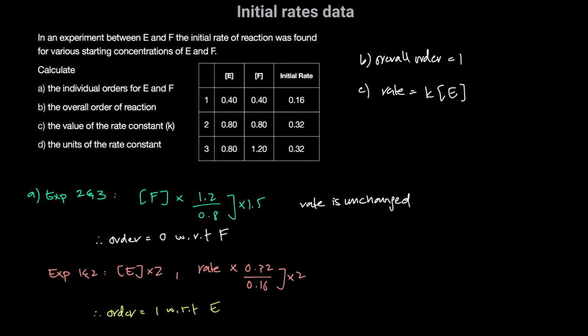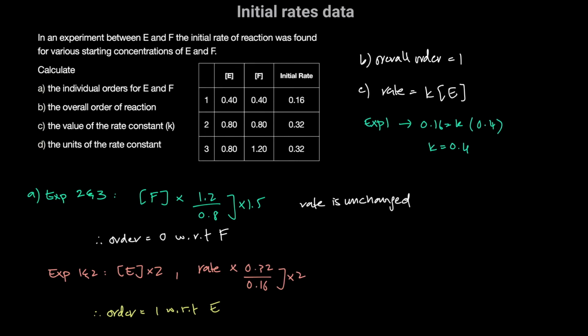And then you want to find the value of the rate constant. So take any experiment and plug in the values. We can take experiment 1 again. The rate is 0.16 and this is equal to k times the concentration of E, which is 0.4. And you get k is equal to 0.4.